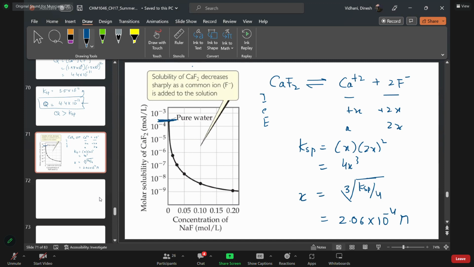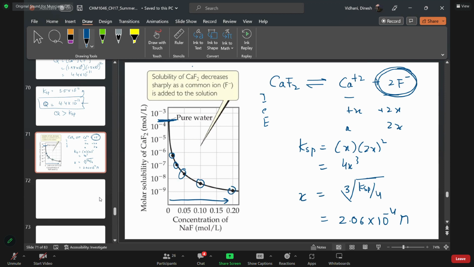Now, when you increase the concentration of fluoride ion from an outside source, the way we did it, what happens? Because of the common ion effect, the solubility will start to drop down, right? So as you increase the concentration of fluoride ion, you can see this becomes less and less soluble as you go on the right side, right?